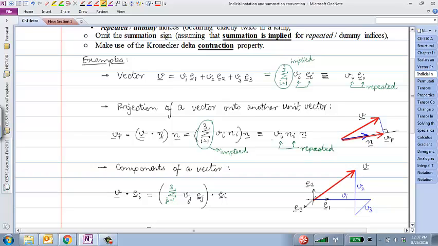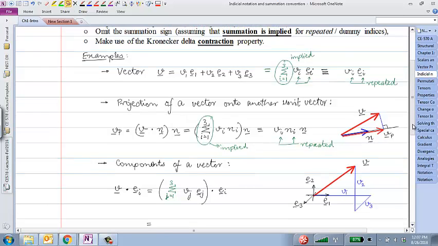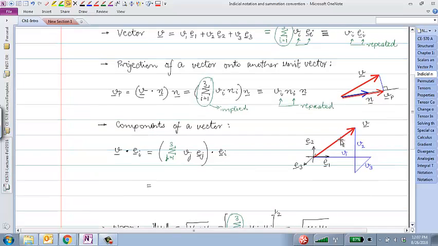Similarly, if we want to find the components of a vector, if I have a vector v, I have some coordinate system in terms of e1, e2, e3. Of course, we can take projections of that vector along e1, along e2, e3. All of those lengths would be the scalar components v1, v2, v3. How do I express them mathematically in components?